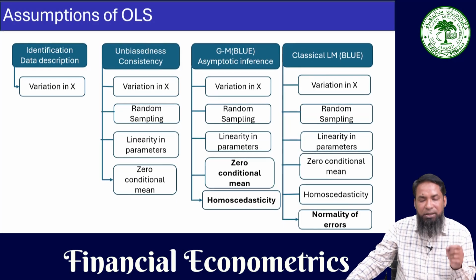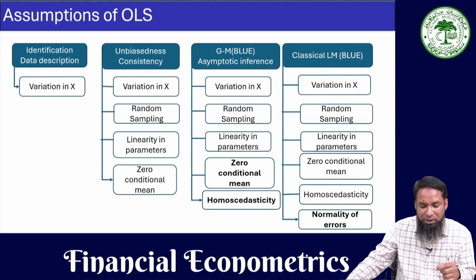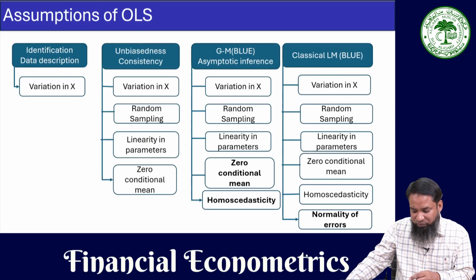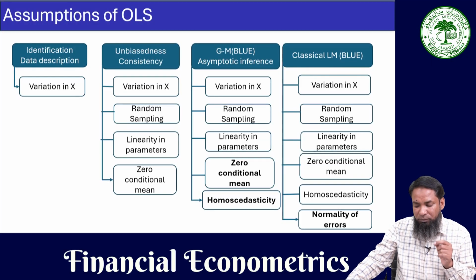Similarly, for the unbiasedness and consistency of OLS estimates, it must satisfy variation in x, random sampling, linearity in the parameters, and zero conditional mean. And for the Gauss Markov theorem, that is for the estimator to be BLUE, best linear unbiased estimator, it must satisfy, in addition to zero conditional mean, homoscedasticity.